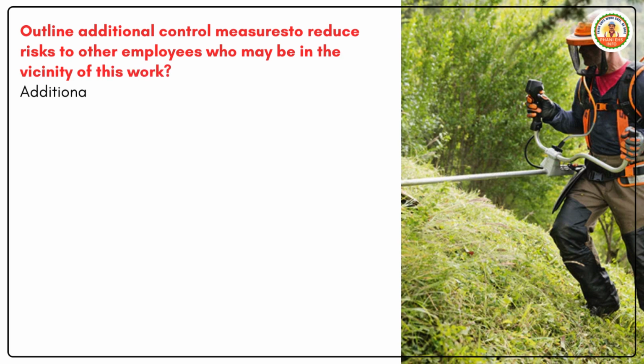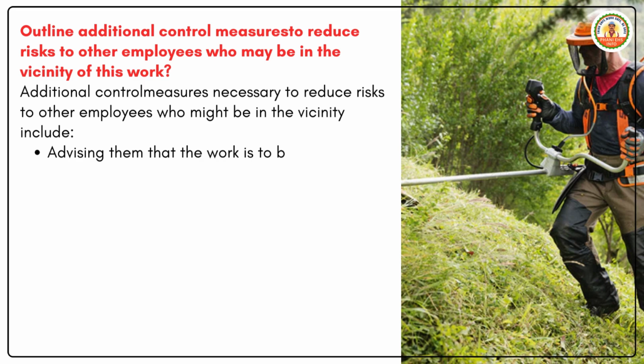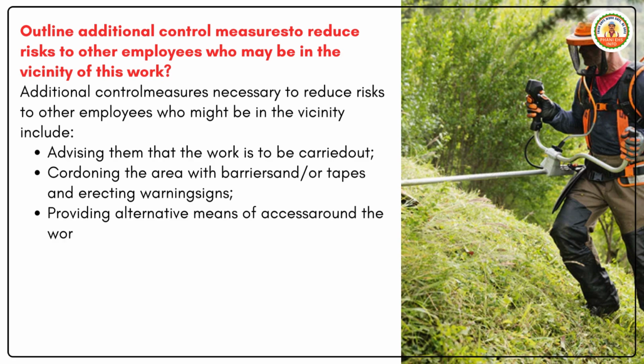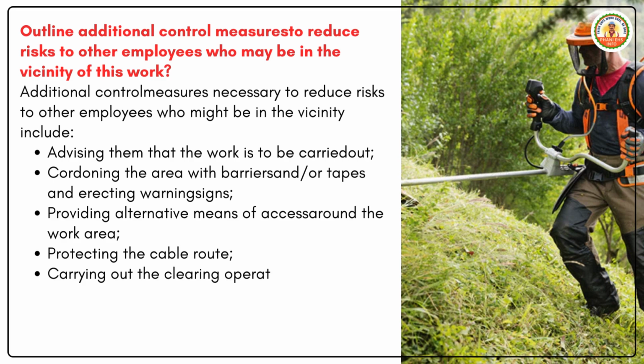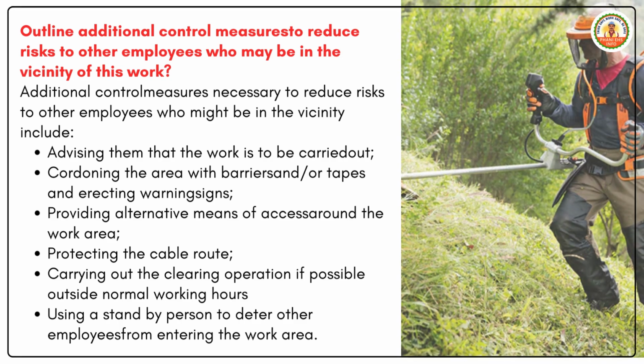Additional control measures necessary to reduce risks to other employees who might be in the vicinity include advising them that the work is to be carried out, cordoning the area with barriers and/or tapes and erecting warning signs, providing alternative means of access around the work area, protecting the cable route, carrying out the clearing operation, if possible, outside normal working hours, using a standby person to deter other employees from entering the work area.